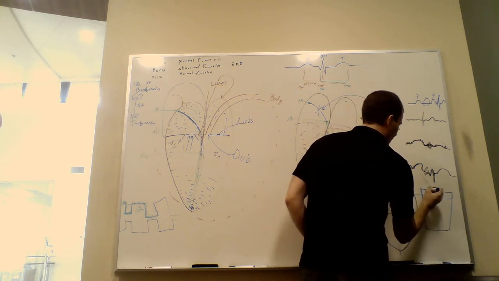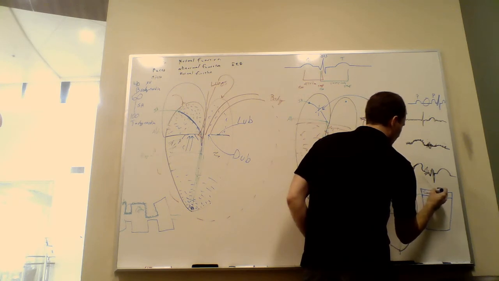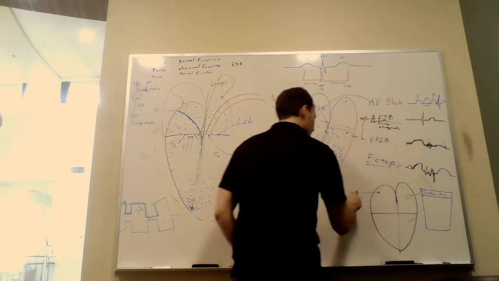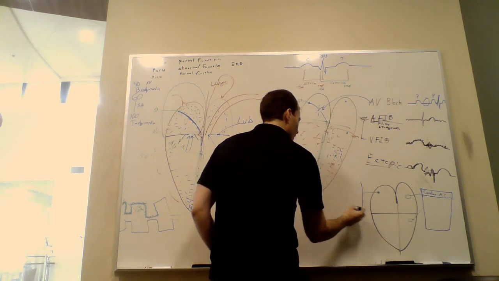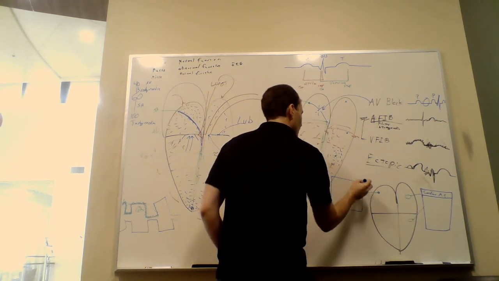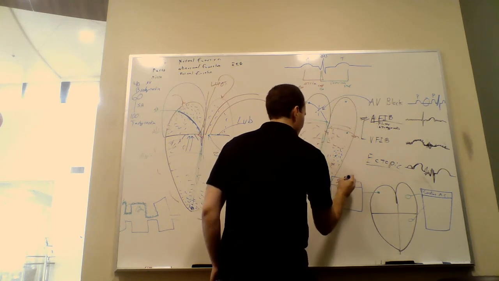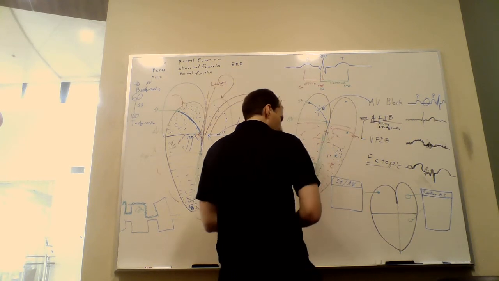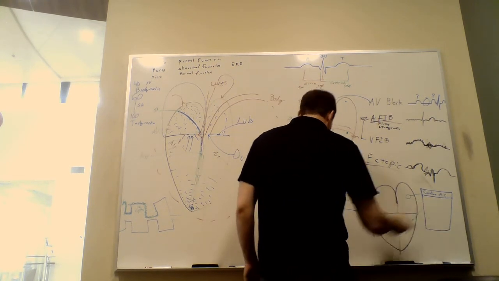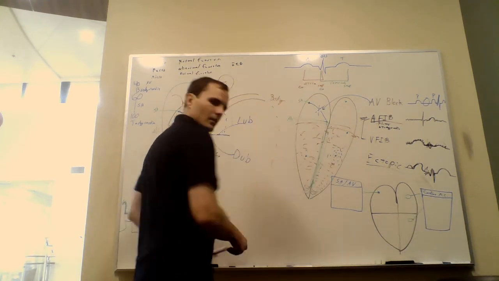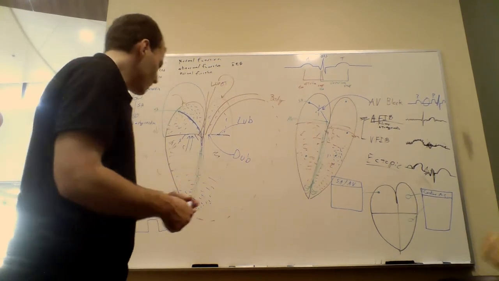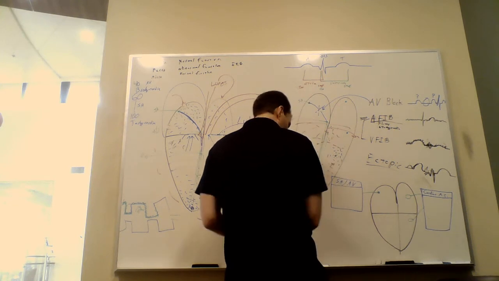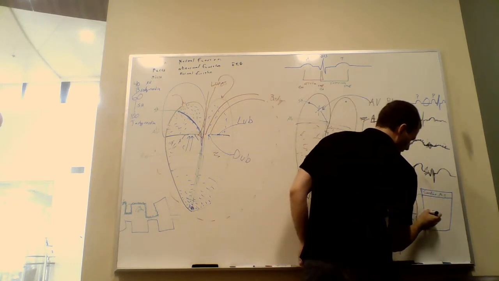So we're just going to say cardiac muscle cells, MC. And over here, we have SA/AV. We're going to go ahead and start with the cardiac cells. And with the cardiac cells, it looks something like this.